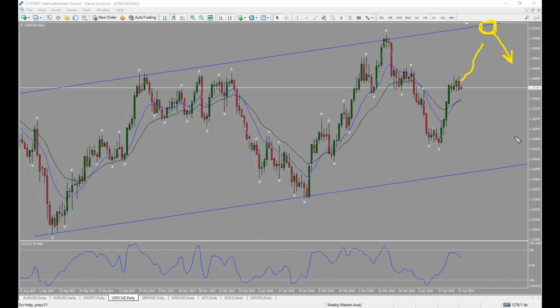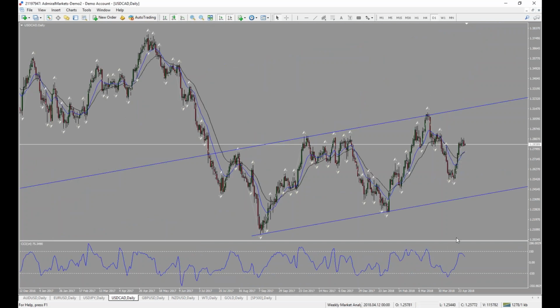Okay. It's very straightforward with this one. One of the beauties of a pattern like this, if you think about it, it's basically taken since September of last year, from this point right here where I've got my crosshairs, to get to what we have today. So it's given everybody a good amount of time and opportunity to spot the trade, which basically, pattern trading is kind of like self-fulfilling.